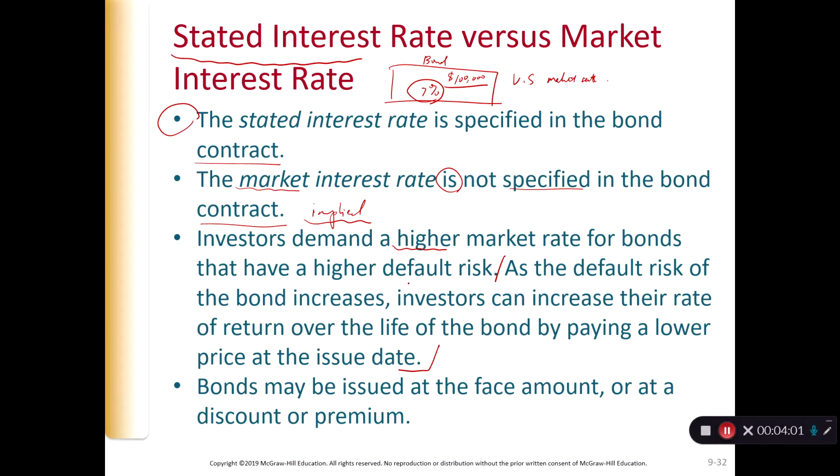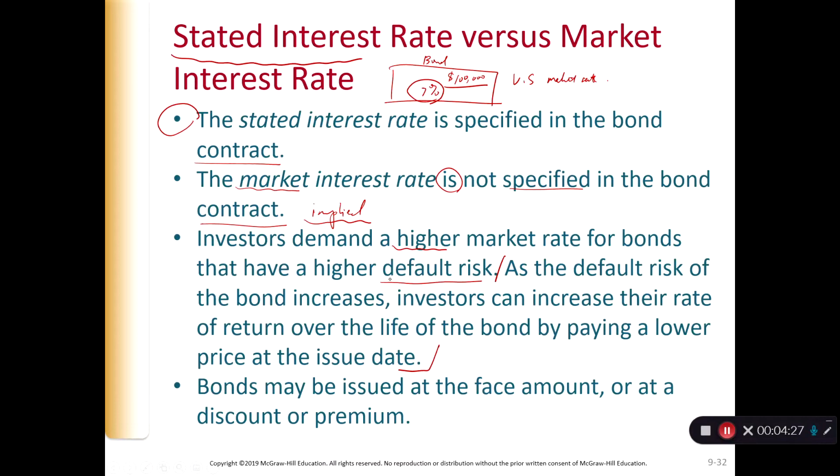And first of all, what is default risk? Default risk refers to the possibility that a company will be unable to pay the bond face amount or interest payment when they become due, such as when this company may not have a stable operation, right? Or the market is too competitive, and when the debt is due or an interest payment is due, they are not able to pay.